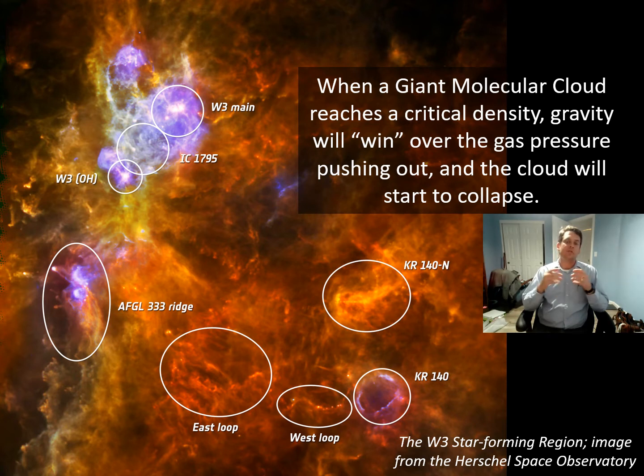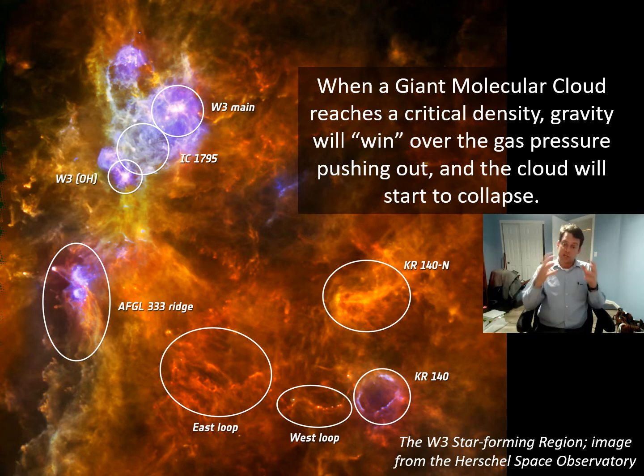And if it happens to reach a critical density, then gravity is going to win, if you will, over the gas pressure. Because if you remember back when we talked about stellar equilibrium, we said gravity is always trying to collapse the star, and what maintains the stellar structure against that collapse is the internal pressure that's generated by, well, light in the case of a main sequence star that comes from the nuclear fusion reactions.